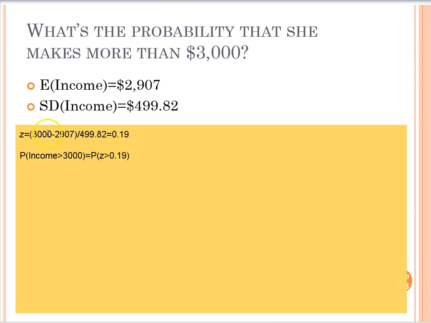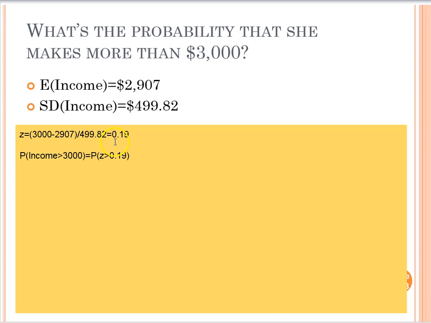This again is when we use our z-score, and remember that in calculating the z-score, we put our observation first. That's what is given to us in the problem. We want to know the probability that she makes more than $3,000, so we want to find the z-score associated with exactly $3,000. We subtract the mean, which is our expected income, and divide that difference by the standard deviation.